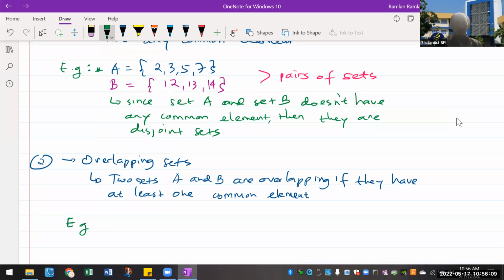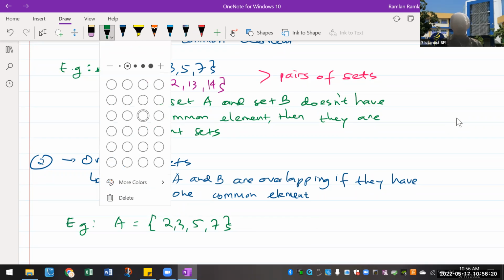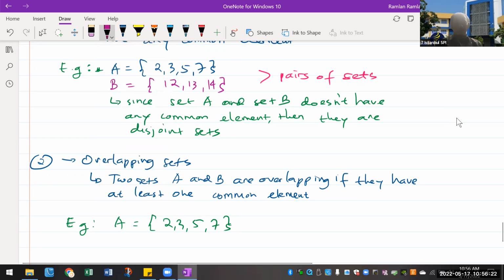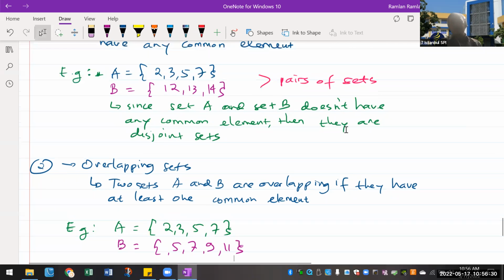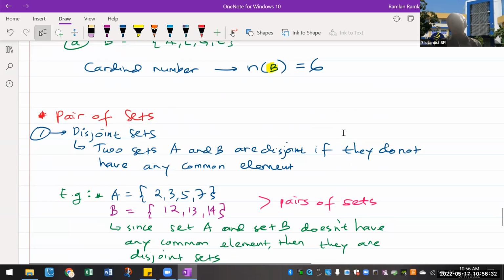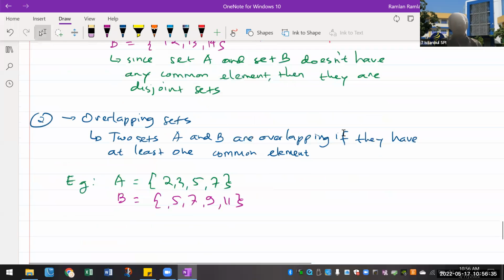Example given. Given set A, for example, is 2, 3, 5, 7. And this time set B is going to be different. Set B is equal to 5, 7, 9, 11. Now if you want to find out the connection between these pair of sets, they are going to be overlapping.